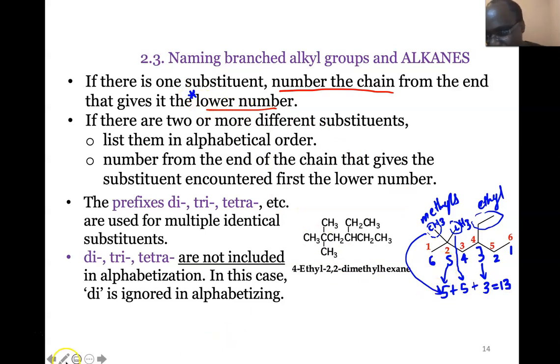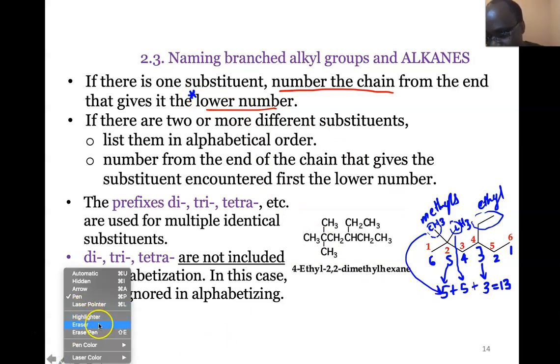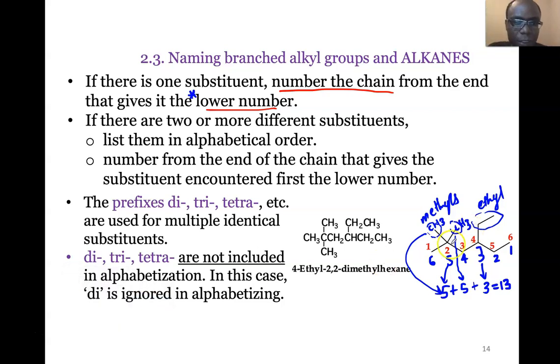Now, what about the red numbering system? If I go with the red numbering system, I'll have 2 methyls on carbon number 2, and then I have the ethyl on carbon number 4. If I sum up, I'm getting an 8. So the red numbering gives me the least sum of the locations of the substituents on the chain.